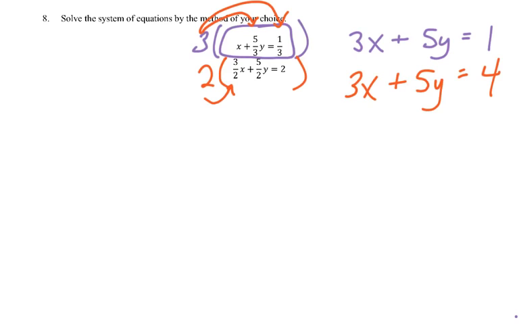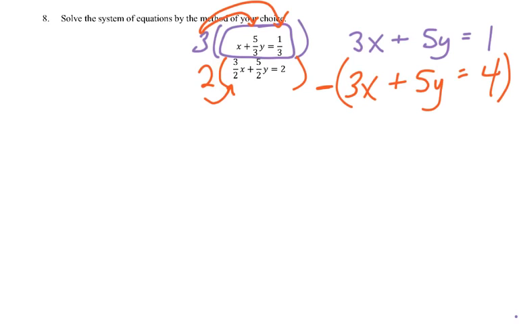Now, I can look and see right now I can use elimination, but something funny is about to happen. If I look at my coefficients on x, I have a 3 as a coefficient for both of the x terms in both of these equations. And so what I could do is I could either multiply the second equation by -1 to have it be opposites, or instead of adding the two equations together, I could subtract the two equations.